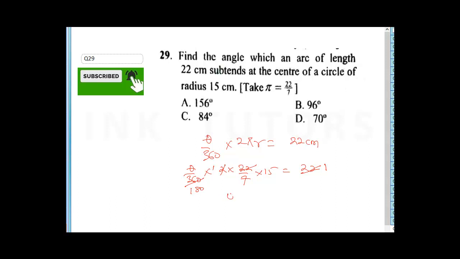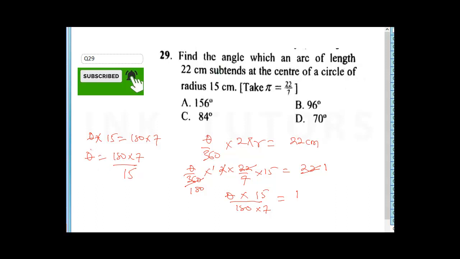So we have theta times 15 over 180 times 7 is equal to 1. So cross multiplying, we'll have theta times 15 will be equal to 180 times 7. Therefore theta is going to be 180 times 7 divided by 15.